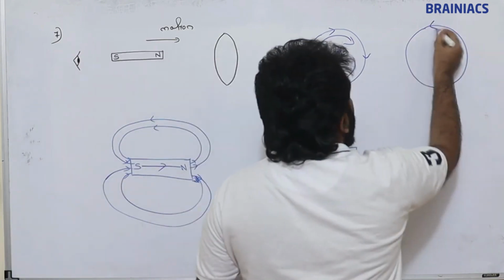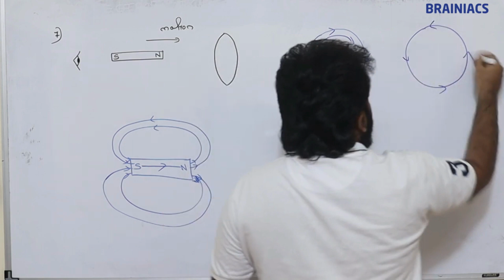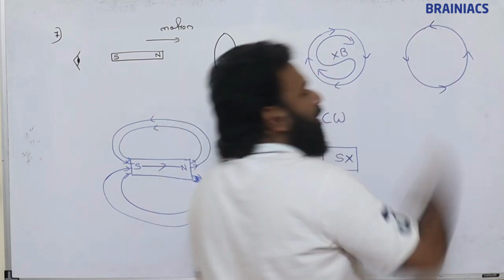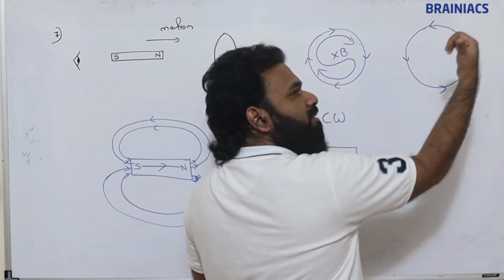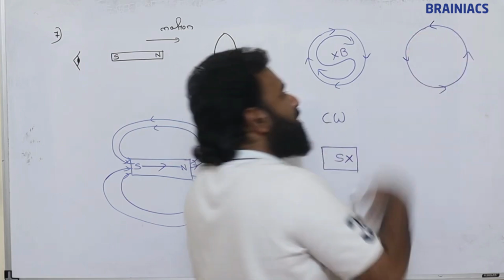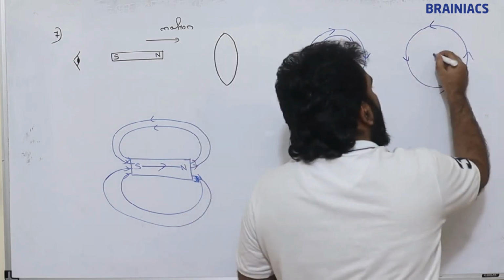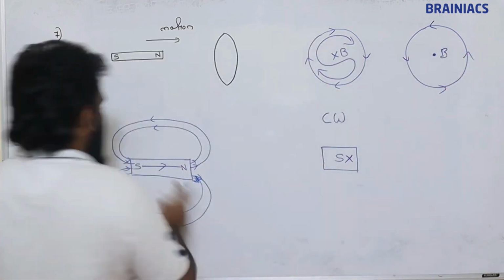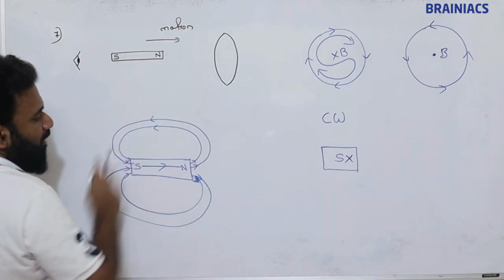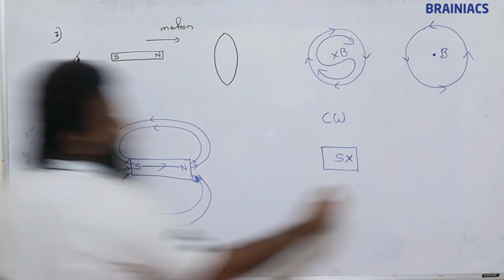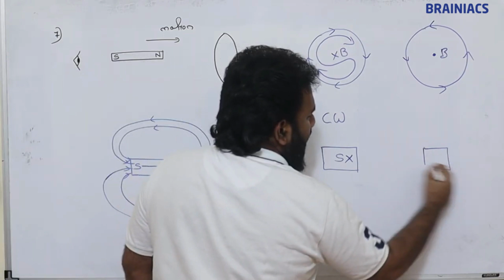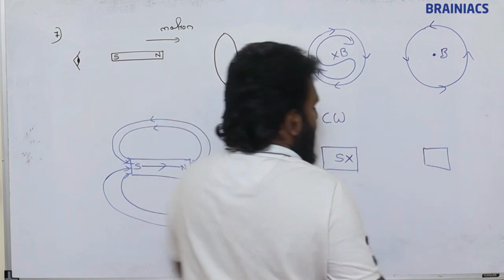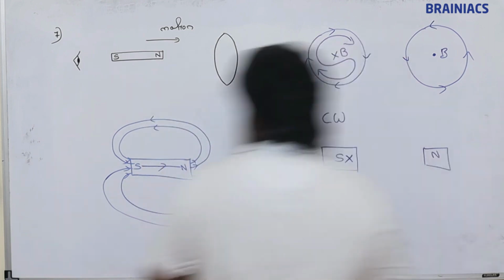Now suppose we take the anti-clockwise direction looking from here. If we keep these fingers in the anti-clockwise direction, where is the thumb showing? The thumb is showing outwards, which means the magnetic field is outward. Now if we take this end of the bar magnet and keep it here, as if I make a hole and put it inside, this is going to be the north pole.